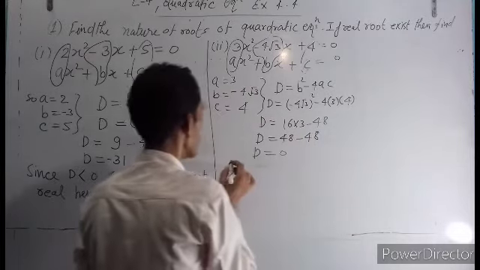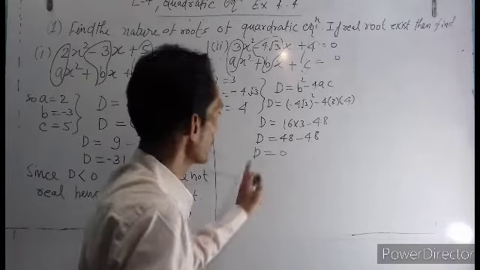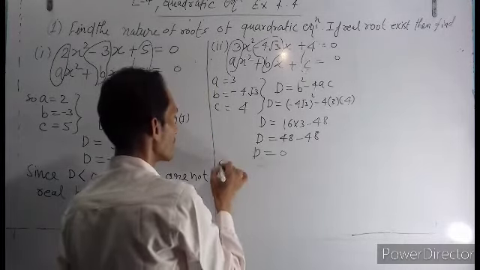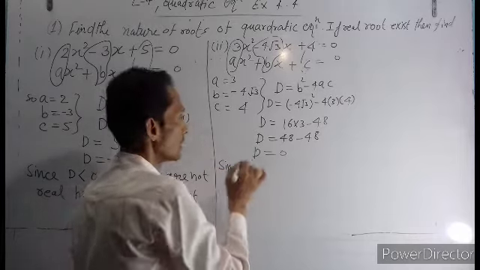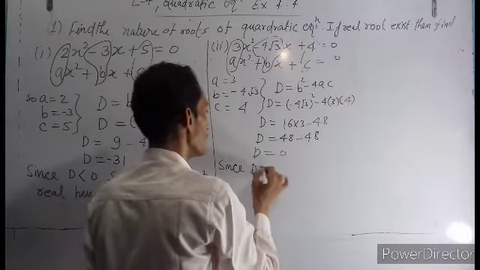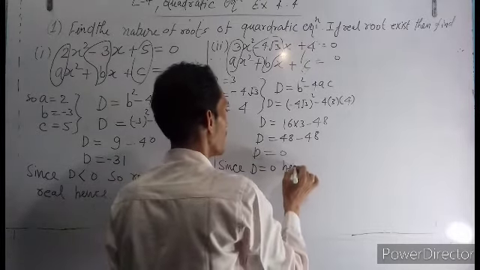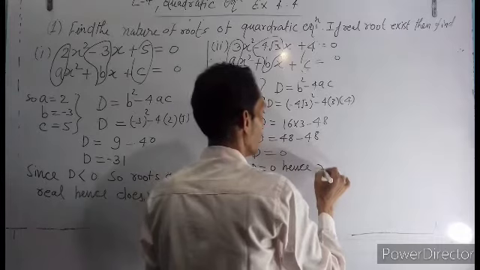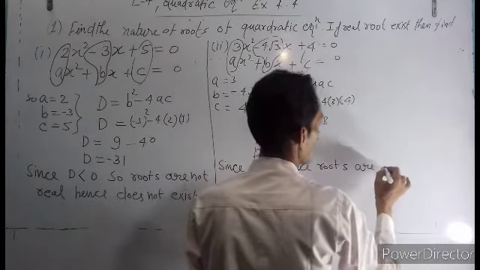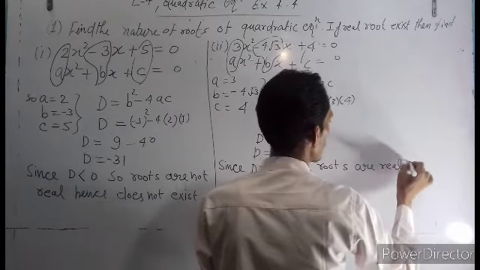It means what condition? That is the second condition: the discriminant is 0. Since D equal to 0, hence the roots are real and equal.